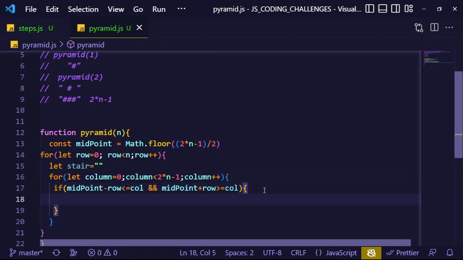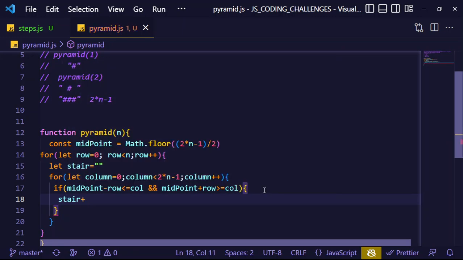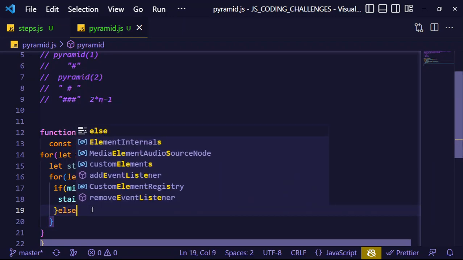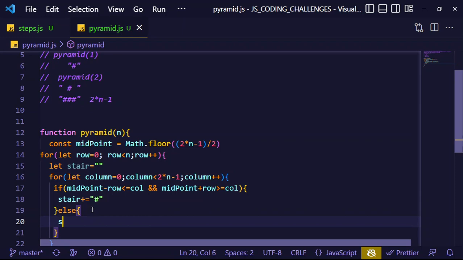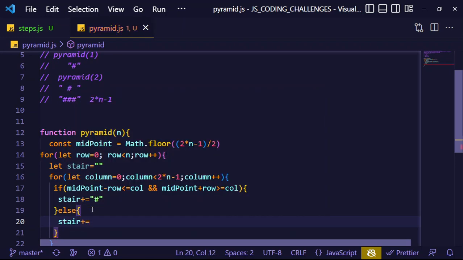If that's the case, result plus equal to the hash, else star plus equal to space.